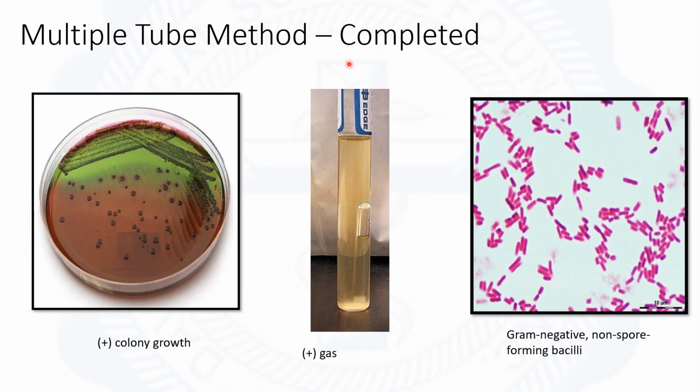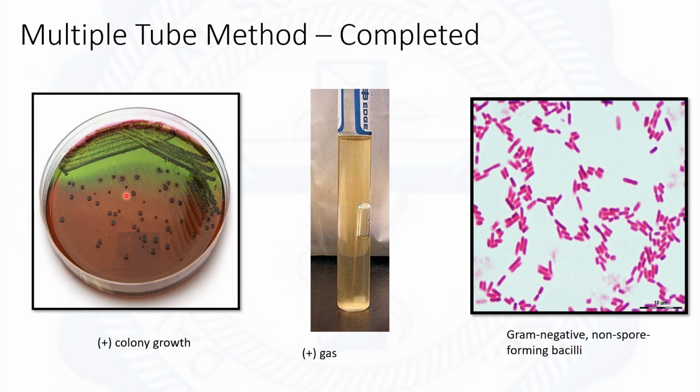So in the confirmed test, class, you can see here the eosin methylene blue agar medium. EMB is a selective differential agar medium used for the isolation of gram-negative rods. As you can see here, class, there's growth of colonies. Colonies of lactose fermenters will appear very dark purple or have a dark purple center.